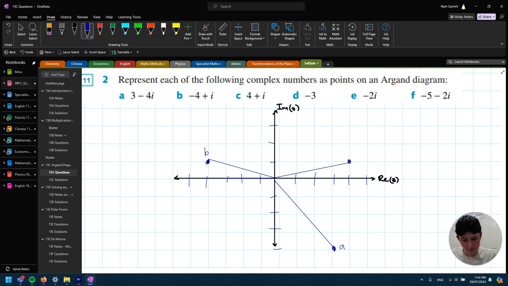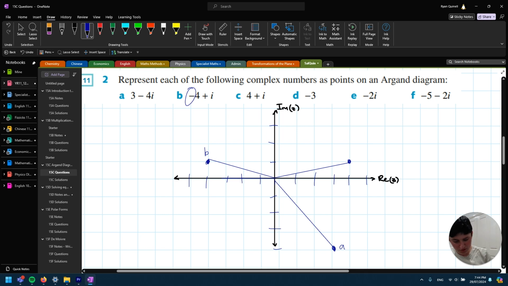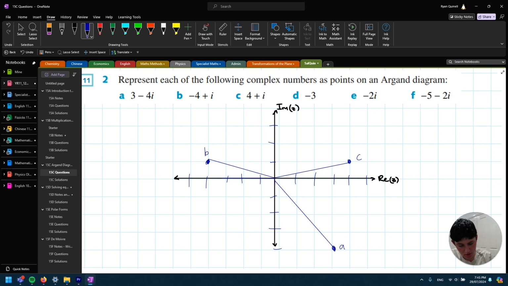As you can see, that's a reflection, because this changed from a negative to a positive, it's just reflected about the y-axis. D is -3. It doesn't have an imaginary component, so it's just here. We call that D. You don't really need to label it because it's already on the axis.